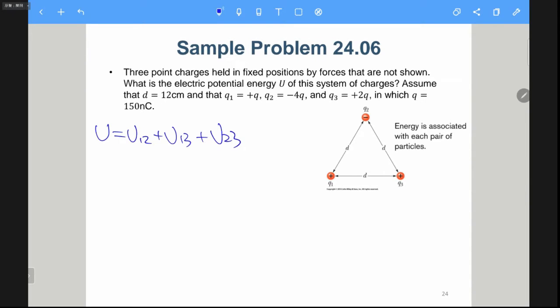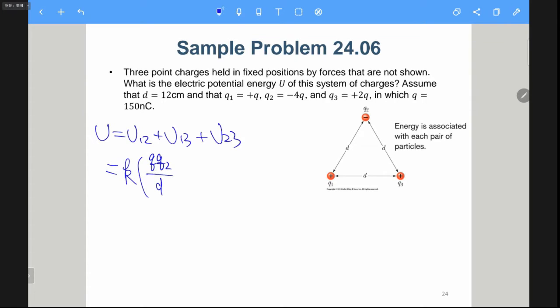So actually, potential energy is also a scalar, so we don't need to bother with the direction. So it is k times, U12 is actually Q1 Q2 over, in this question, d here.